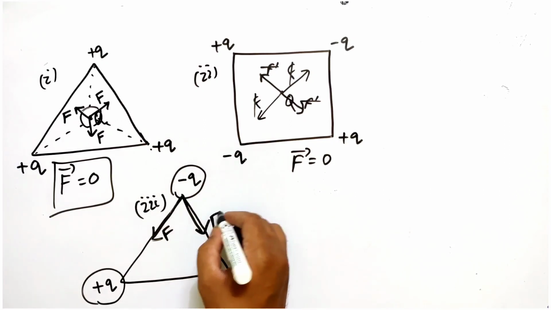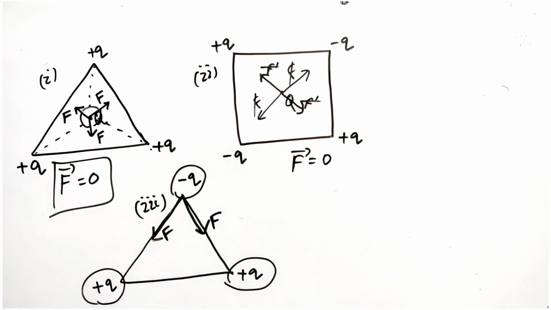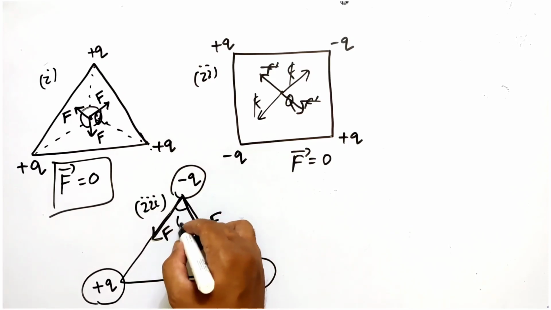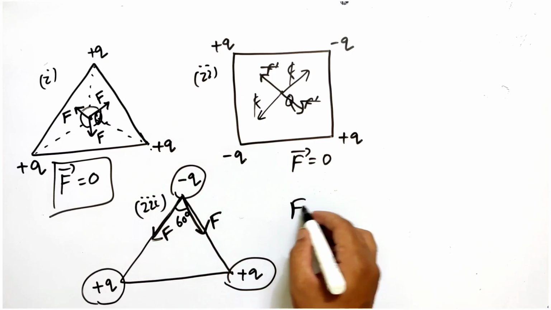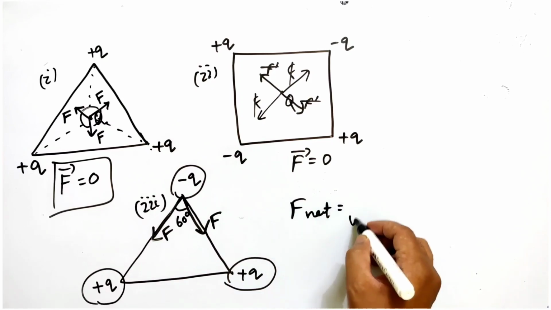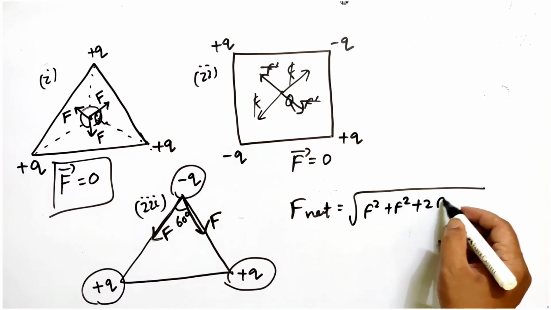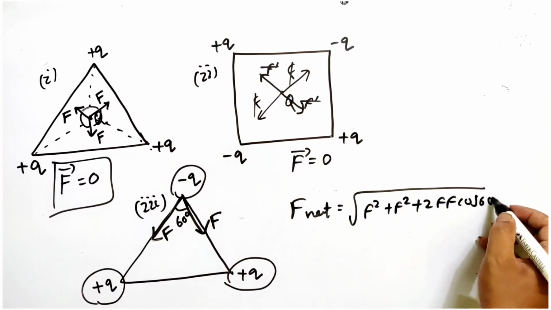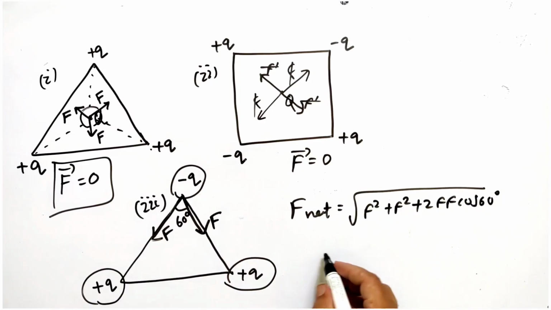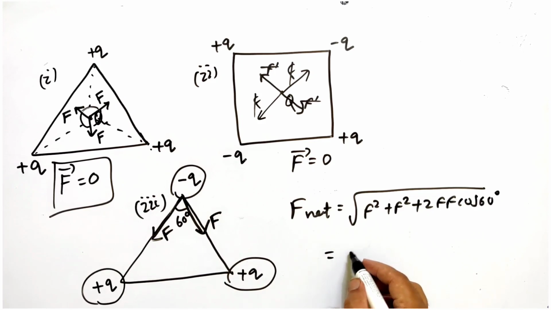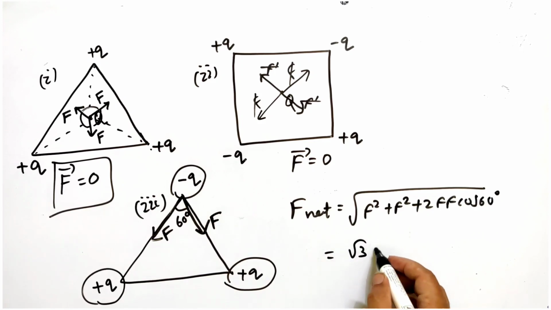So if this force is F, then this force will be F and this angle will be 60 degrees. So in this case the net force will be root over of F square plus F square plus 2 into F into F into cos 60 degrees. On solving this, you will find it as root 3 into F.